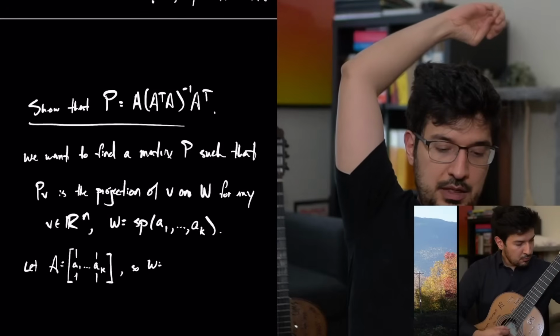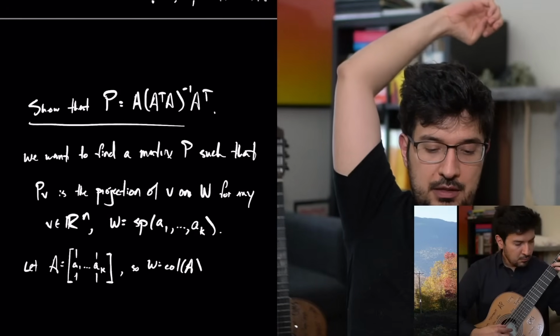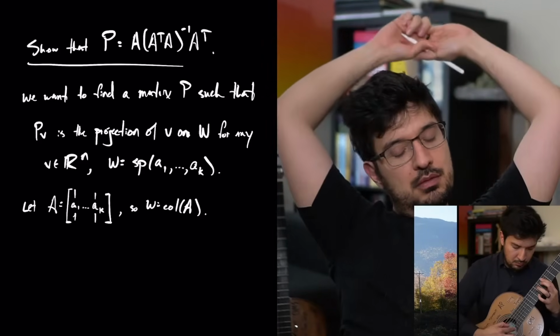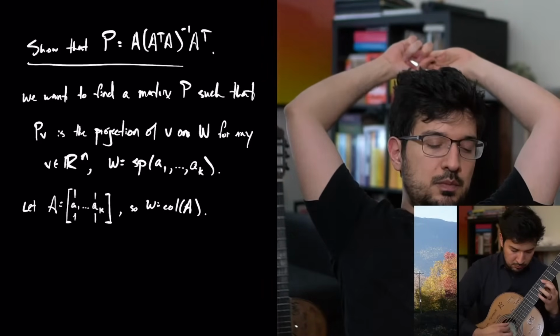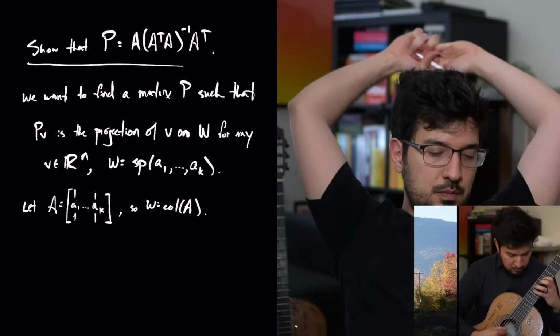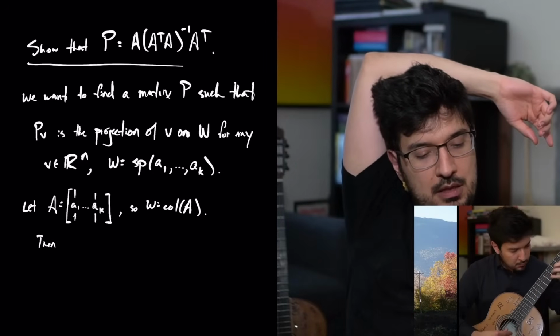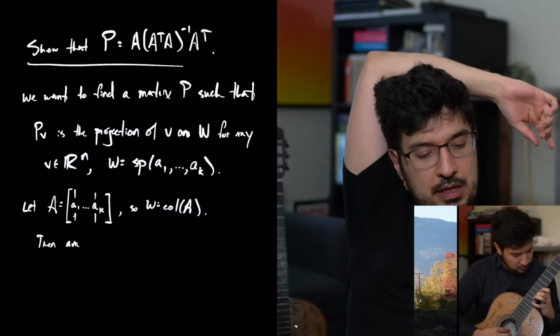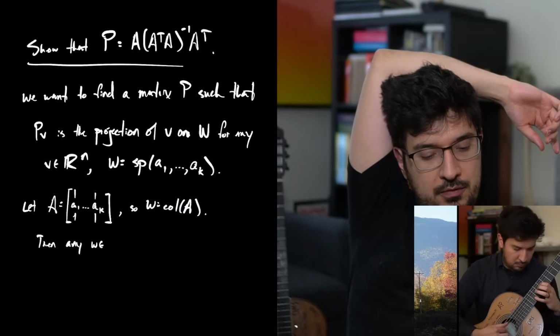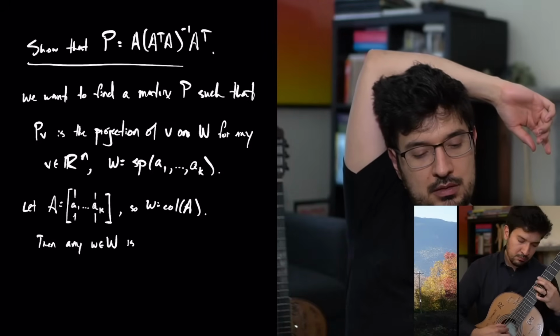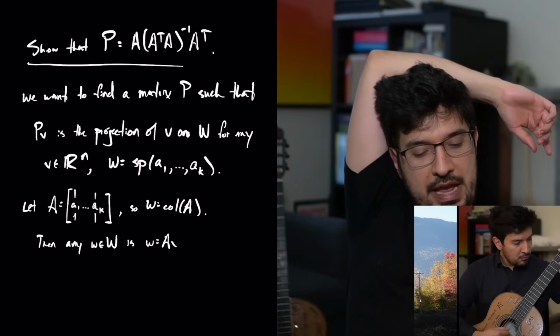So W is the column space of A. Then any vector in W is equal to AX.